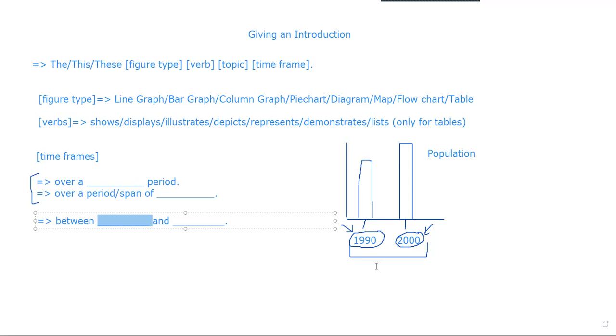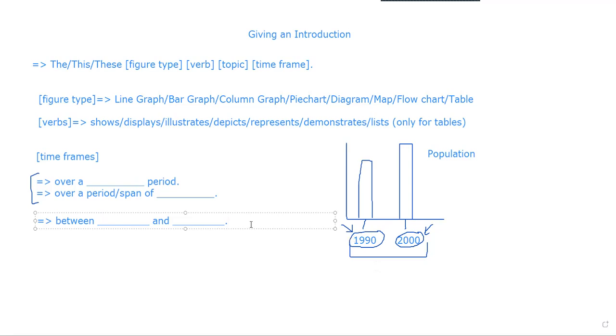Now the expression would be between 1990 and 2000. For example, between April and July, starting point as well as the end point.